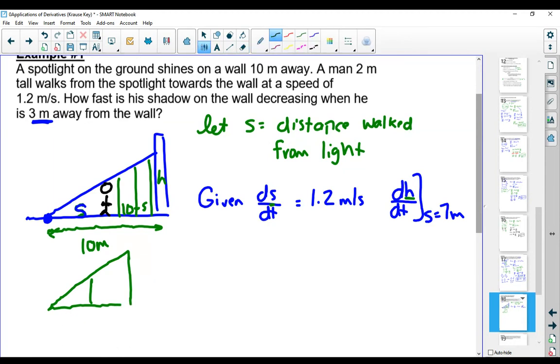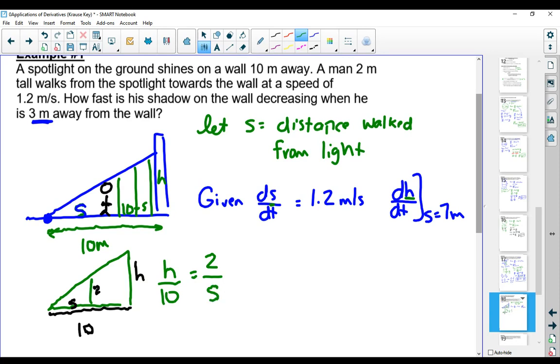We know the entire length of this triangle is 10, and we know that this portion of the triangle is S. We know that the height of the man is 2, and we know that the height of the shadow is H.